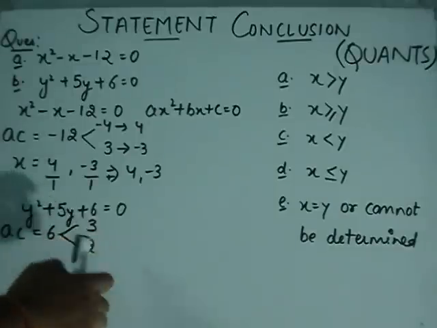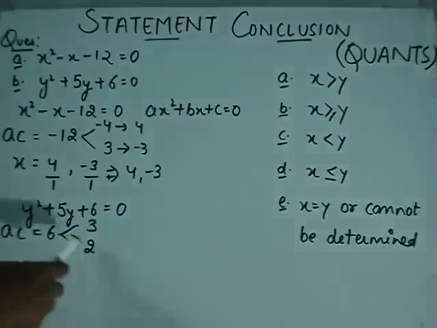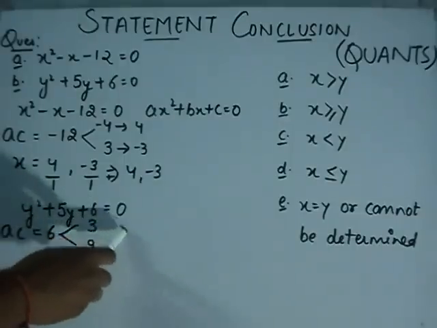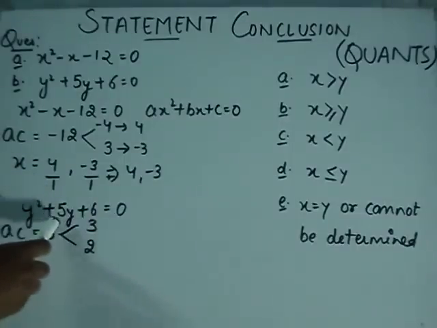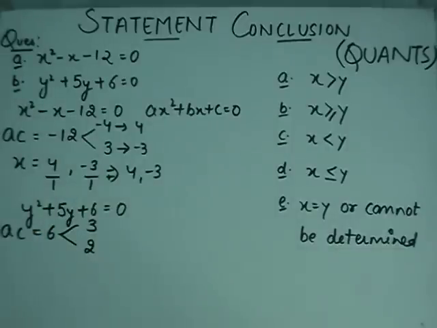Here after splitting, the product of these two terms is ac, and after adding them we get 5, which equals our coefficient of y, which is b. This means the splitting is correct.